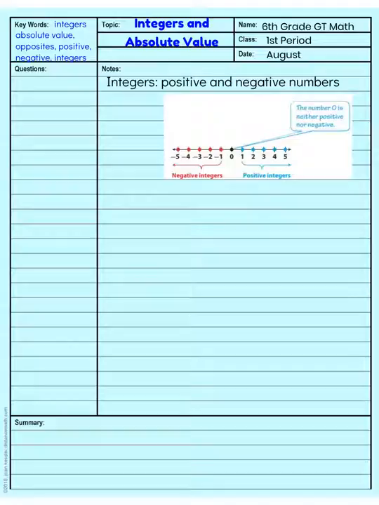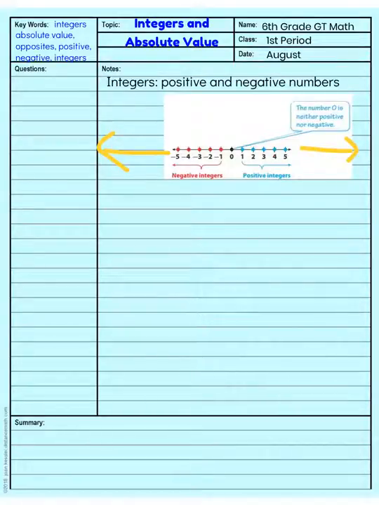All right, so first thing we're going to do is I need you to go ahead and write down the definition of integers. Integers basically are a positive and a negative number. Zero is not going to be included. So go ahead and draw this number line. We have our negative numbers, and this can keep going. So it can be all the numbers going this way, and it's also all the numbers going this way.